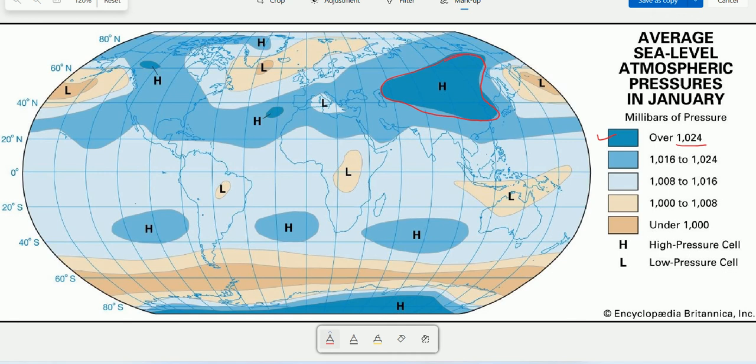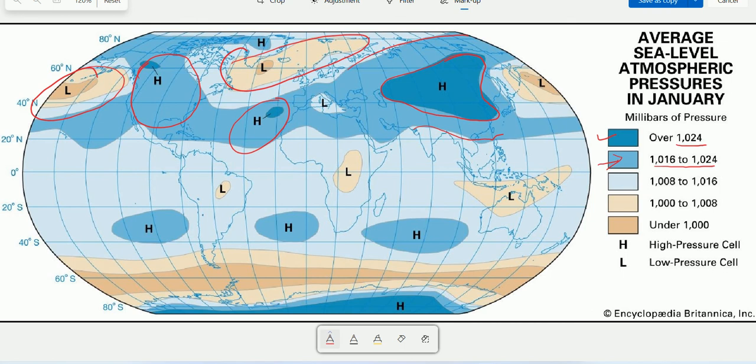Very high conditions over the Asian continents. And again, next we have the lighter blue one. So here the pressure condition ranges between 1016 to 1024, and again it is also occupying the continental areas. And over the oceans, as I told you, we have low pressure, and here this is continental part. But here, due to the cold current, see here we find high pressure also.